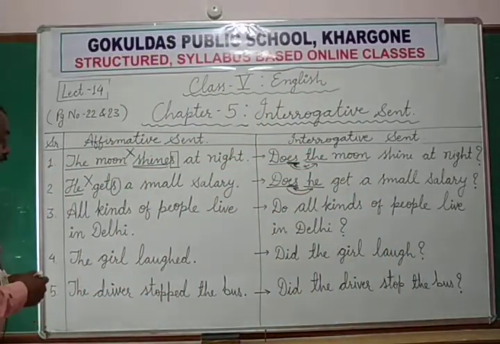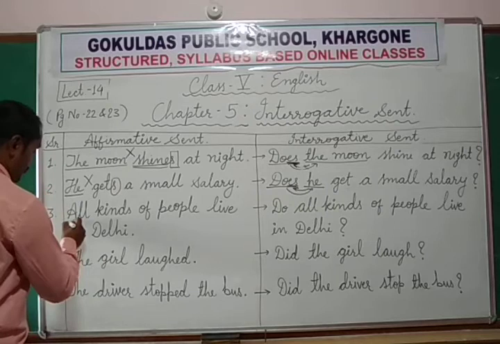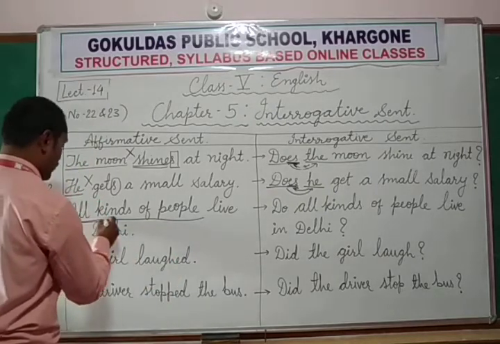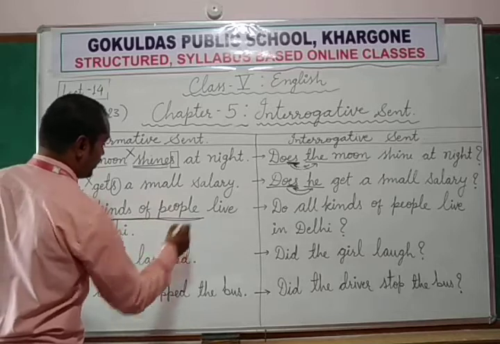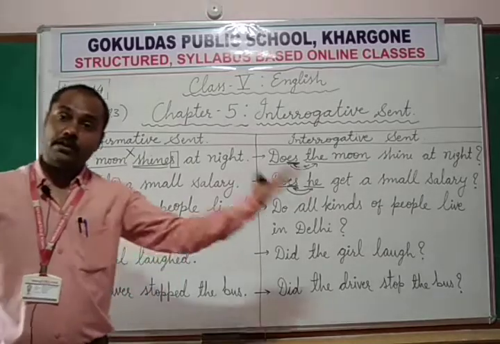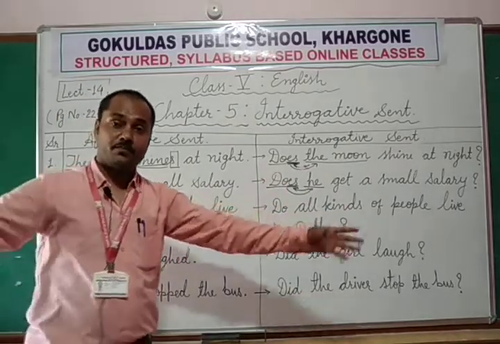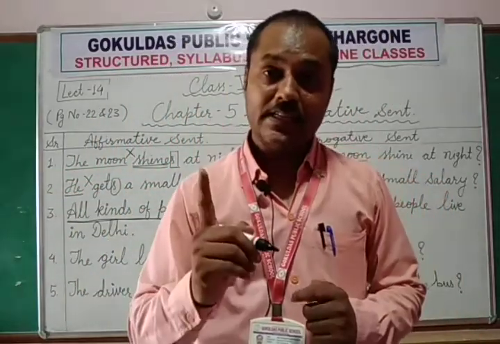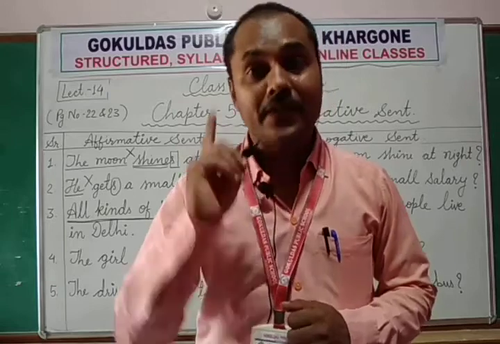All kinds of people. Now, this is our subject. People means plural, many people, because people cannot be a single person. If it is a single one, then we call him a person.